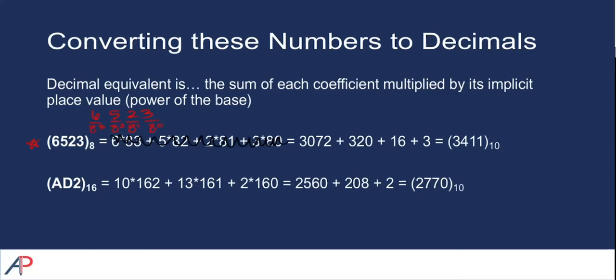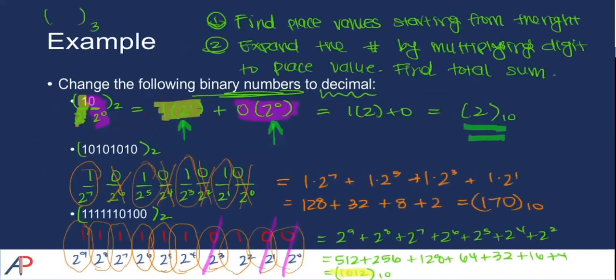Right here, this 6, which is in the place value of 8 to the third power, would be equal to 6 times 8 to the third power, just like what we did in our binary system, where we multiplied the coefficient by the place value.